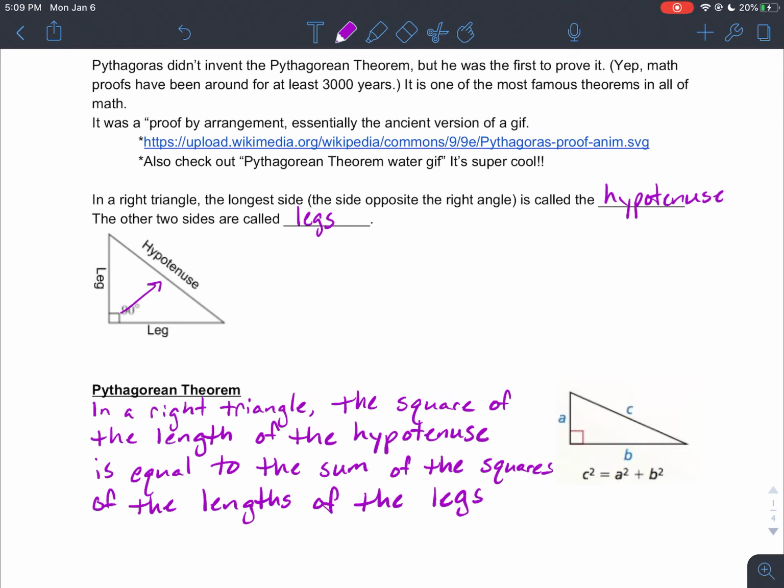Okay, so in a right triangle, the square of the length of the hypotenuse is equal to the sum of the squares of the lengths of the legs. So make sure you get that down, and we'll talk about what that means.